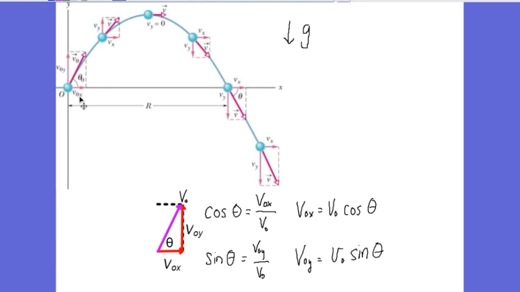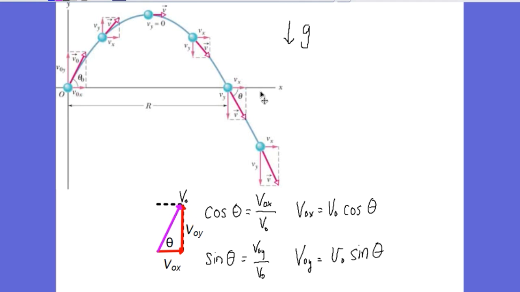And if you notice, the x component of velocity anywhere in the path of flight is the same. It is not changing at all. However, the y component, as it rises in the air, it slows to 0, and as it falls back towards the earth, it increases in magnitude because of the force of gravity acting in the vertical direction.